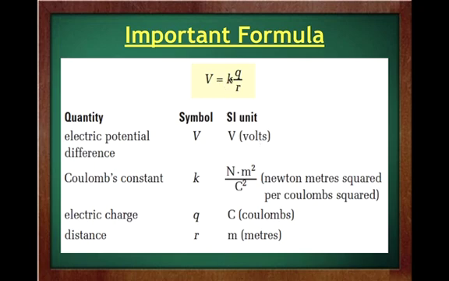It's a relationship where Coulomb's constant is multiplied by the source charge, divided by the distance of the point charge being brought into the field. That's how we find the electric potential difference. You would find that for point A, and then find it for point B, and then subtract the two to get the difference.